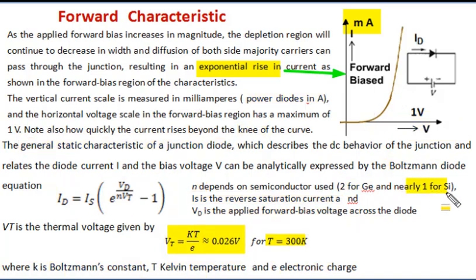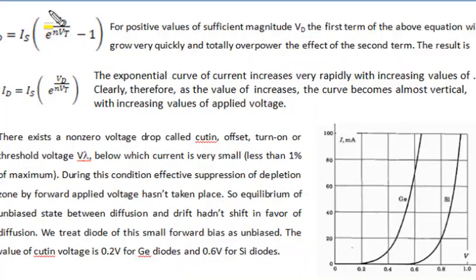If we take a silicon semiconductor, then eta value will be 1 and we know that Vt value is 0.026. So if we put these values in this expression, then we'll find that Vd is multiplying by a value of 40, so this exponential term will increase and will be much more than 1.